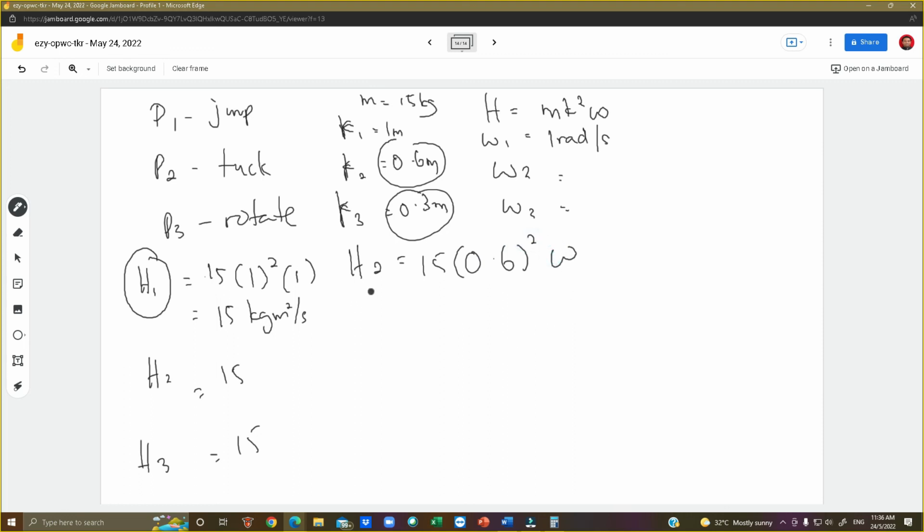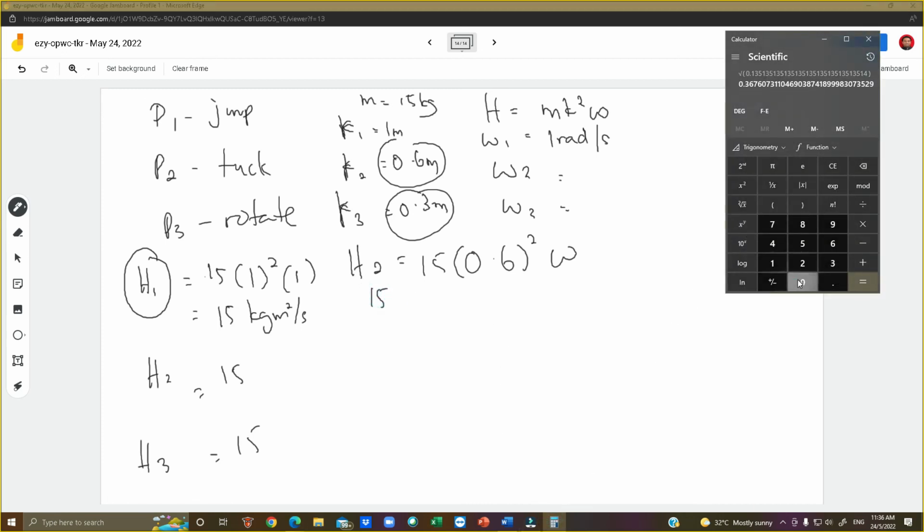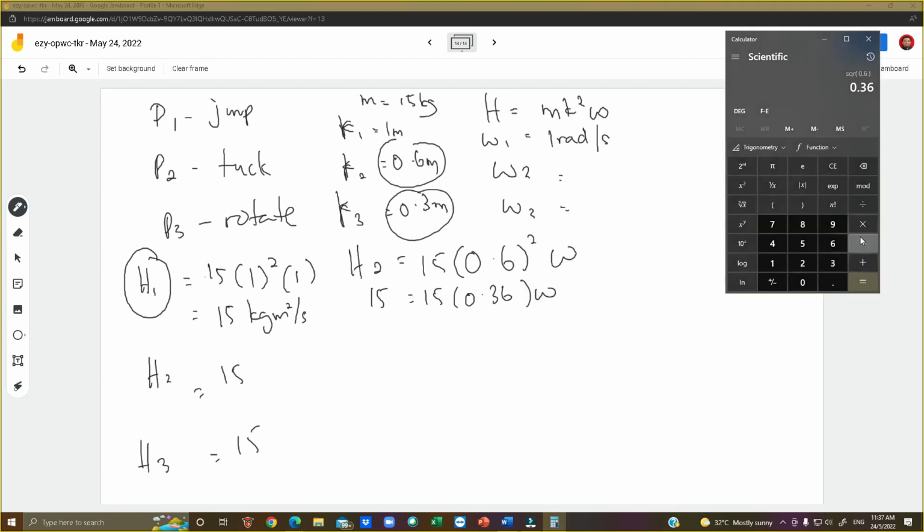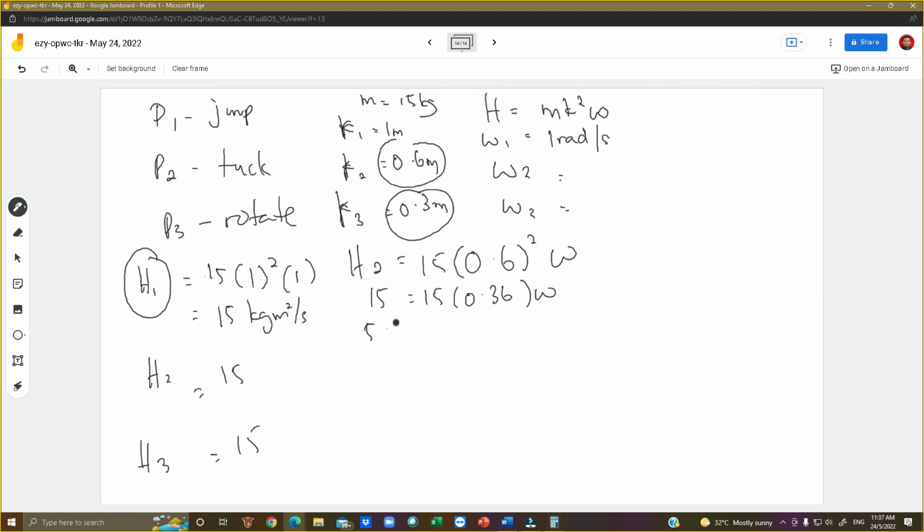So, now we have 15 here. Okay, berapa kita dapat kat sini? 0.6 square, 0.36 sama dengan 15 omega. Cuba selesaikan. 0.36 kali 15 kita dapat 5.4. 5.4 omega sama dengan 15.